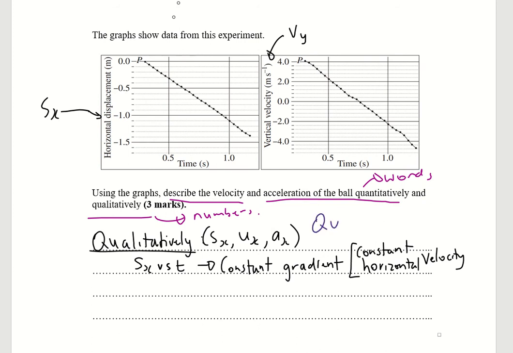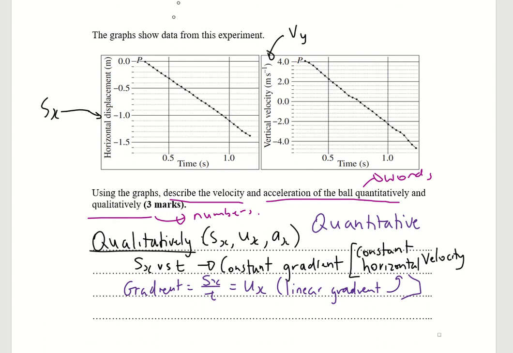Quantitative, and we'll put the quantitative one over here. The reason being is rise over run, so the gradient is equal to Sx over t, which is also equal to Ux. So if we have a linear gradient, it implies we have a constant velocity there. Just remember, if it's a straight line, it means whatever gradient value you get is going to be a constant value.